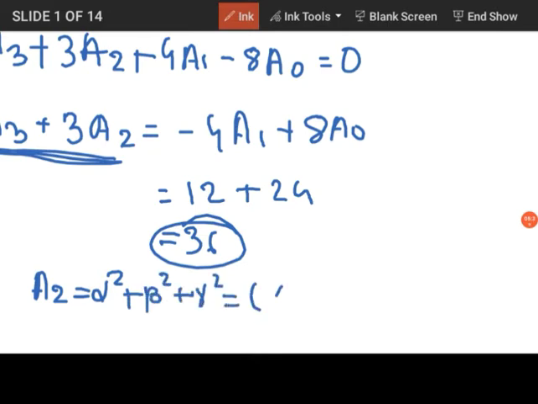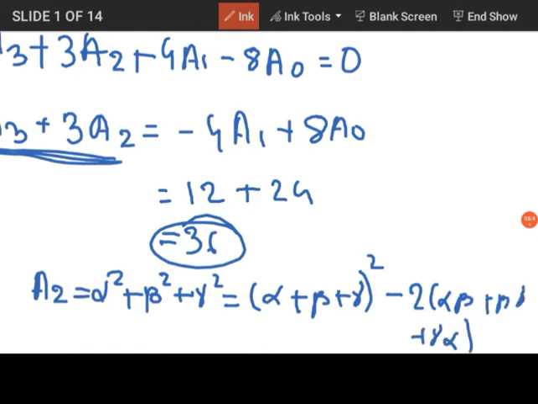This can be written as alpha plus beta plus gamma whole squared minus 2 times alpha beta plus beta gamma plus gamma alpha, right? So this is 4 and this is 3, so 3 square minus 8, that is 1.